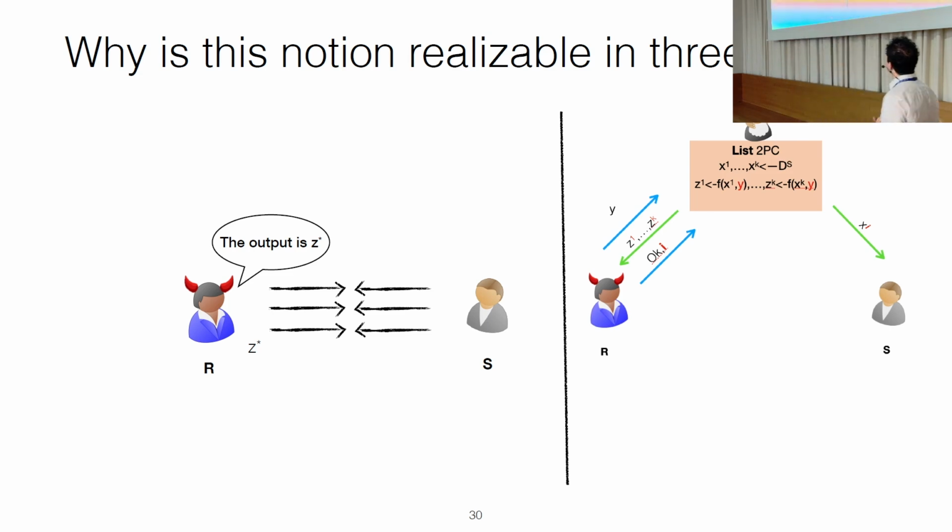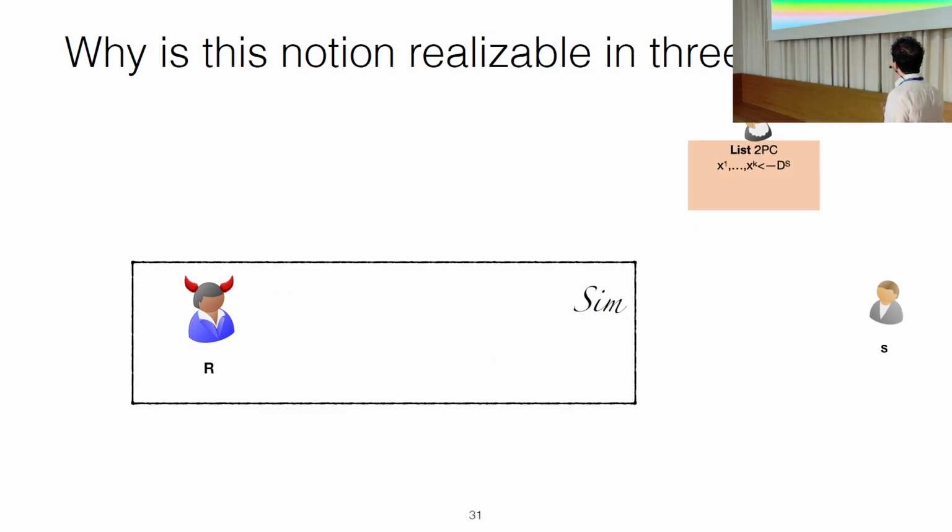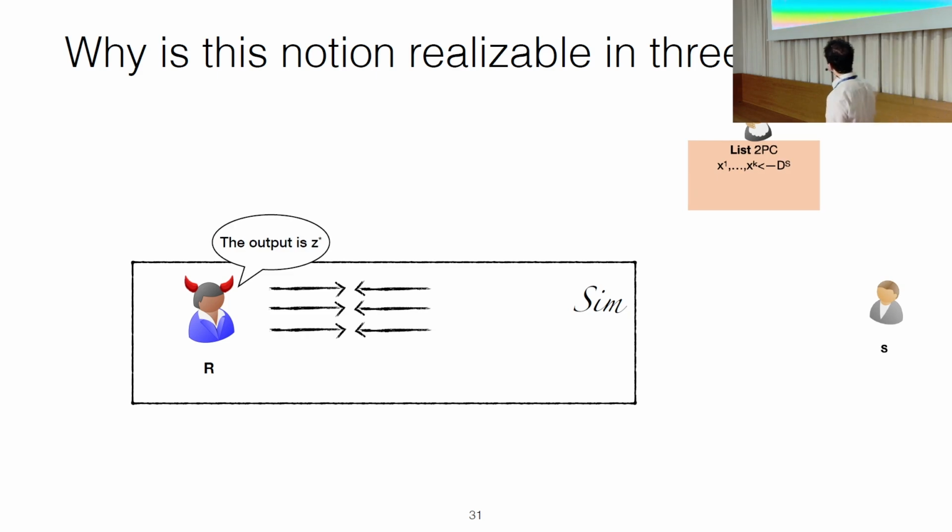So the idea is that the simulator can engage in a first interaction with the receiver using a random input, taken uniformly at random from the input domain of the sender. It engages in this interaction with the receiver, which may abort or may not. And if it doesn't abort, now you can see that the simulator can actually do some useful rewinding.